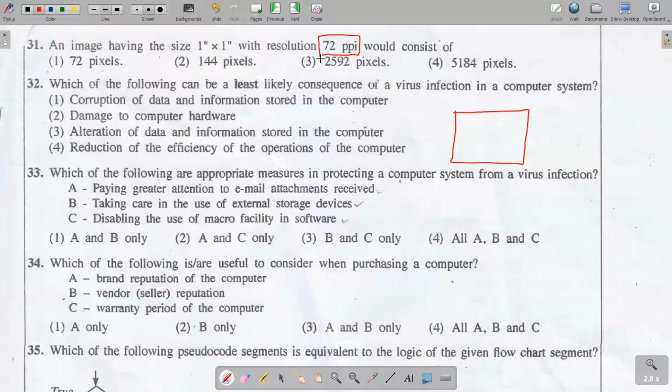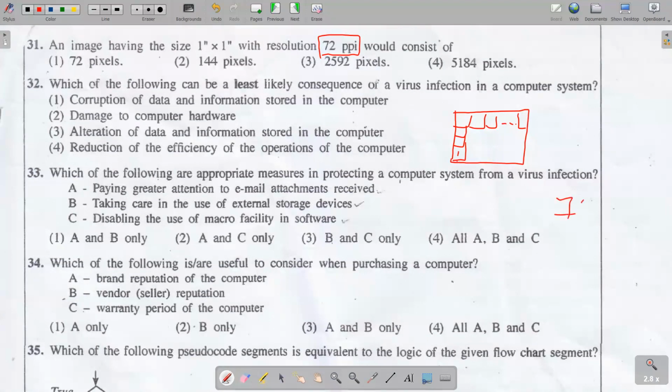yeah, so the image size is 1 inch height and 1 inch width. The 72 ppi means 72 pixels per inch. So 72 pixels per inch means you have 72 across this row as well as 72 downwards. So that means 72 into 72 is going to be your answer.